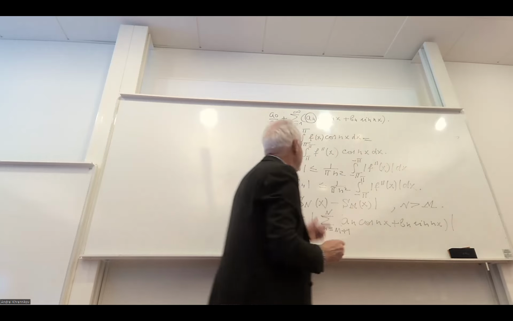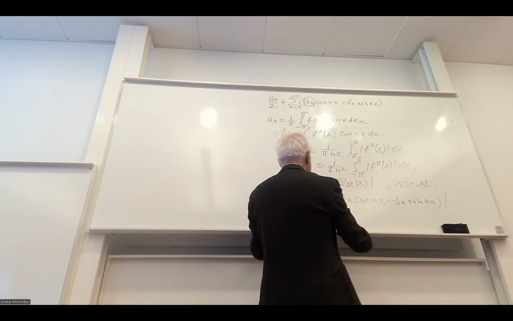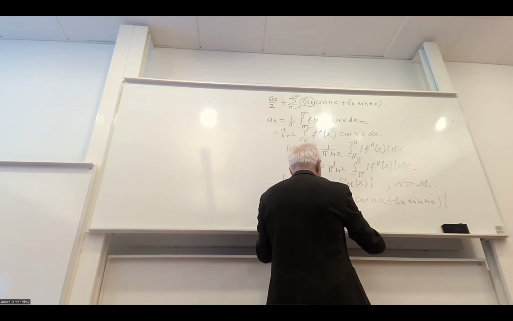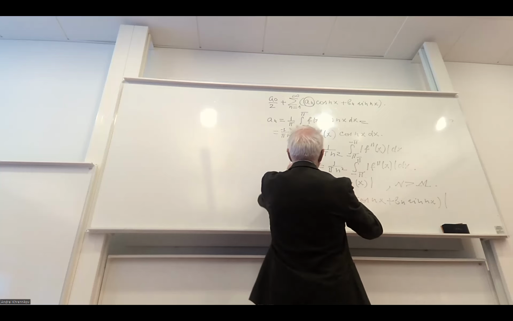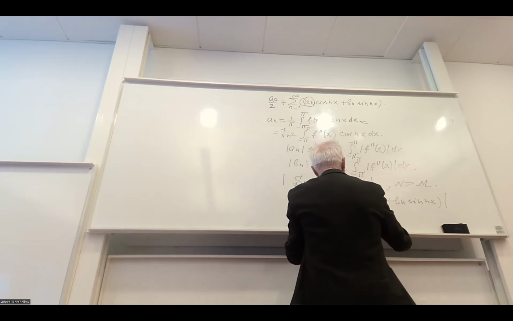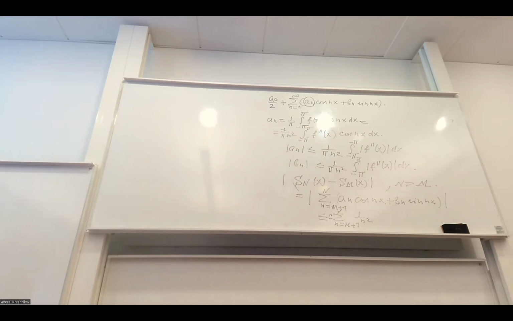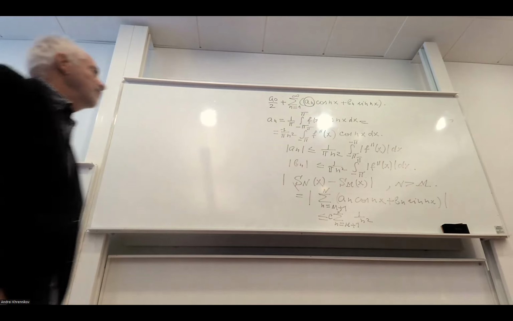And now we get these estimates: it is less or equal the sum from m+1 to n of some constant, pi multiplied by this integral, times 1 over n squared. So it was our aim to get that it is majorated by this series.